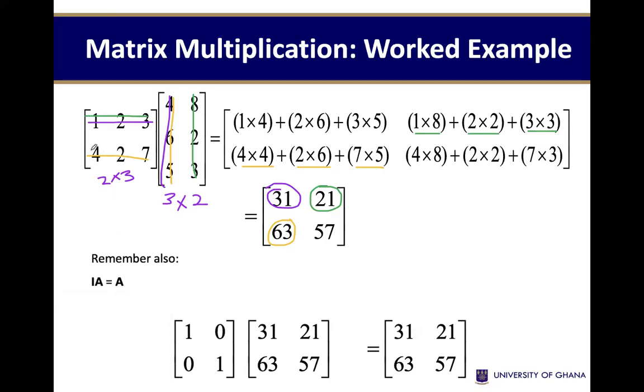I can now pick the same 4, 2, 7, then go here, and that should be 4 times 8, which is there, plus 2 times 2, which is there, plus 7 times 3, which is there. And when you do that, that should give you your 57. So far, so good. Any question?